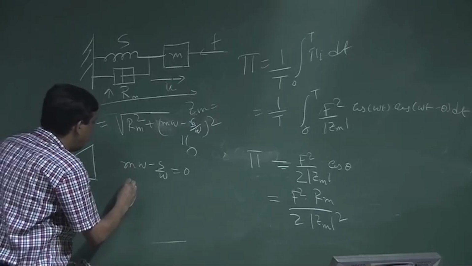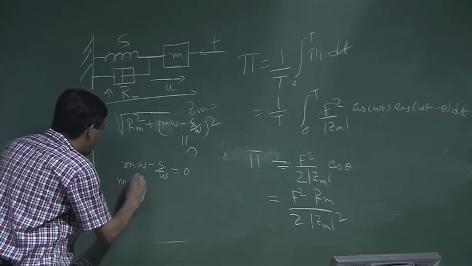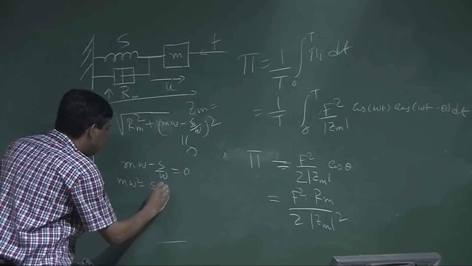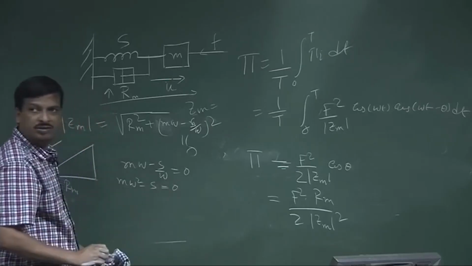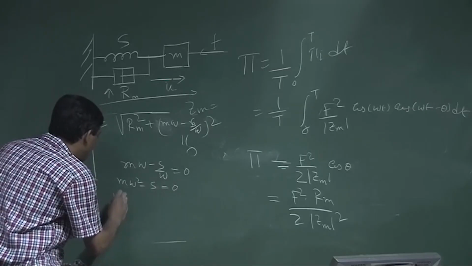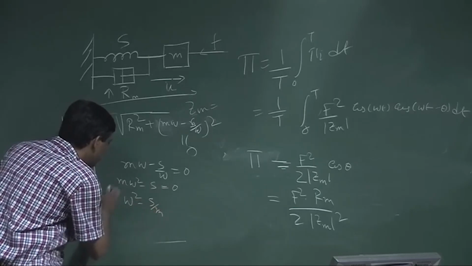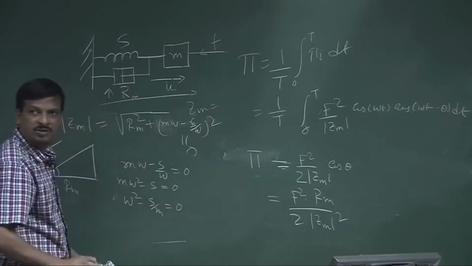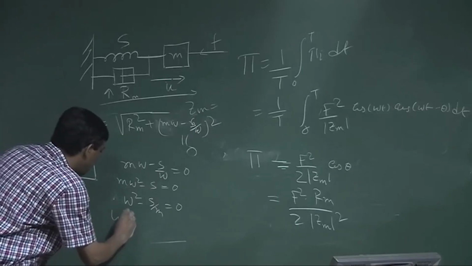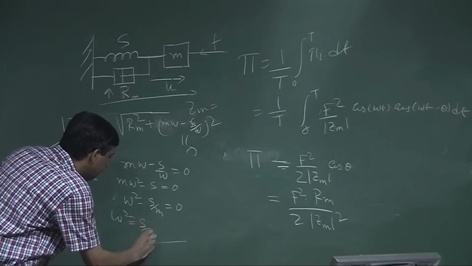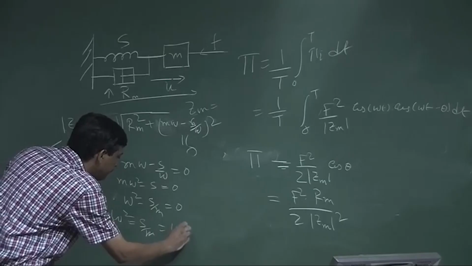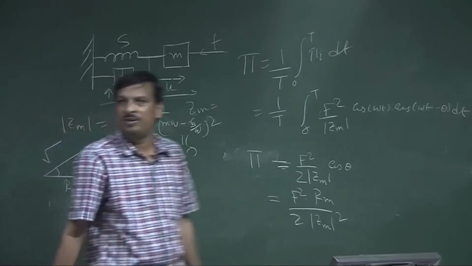So, it is nothing but m omega square minus s is equal to 0, or omega square minus s by m is equal to 0, or omega square is equal to s by m, which is nothing but omega 0 square.